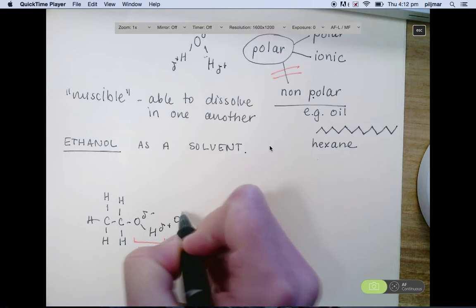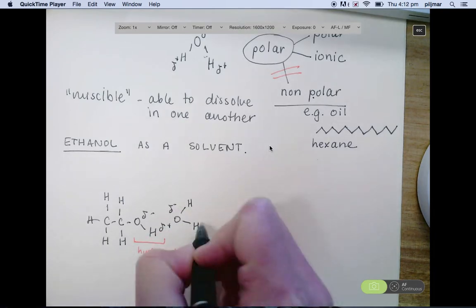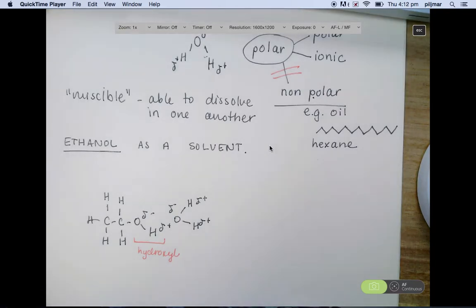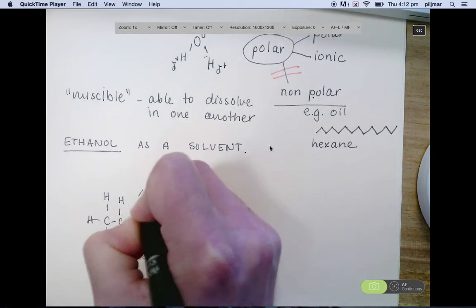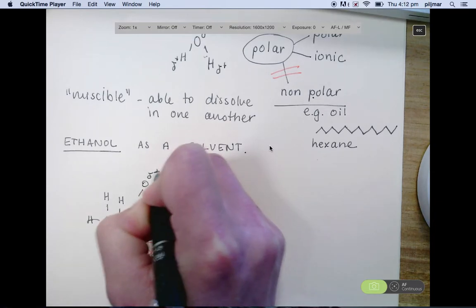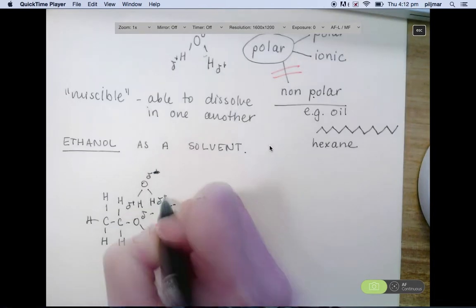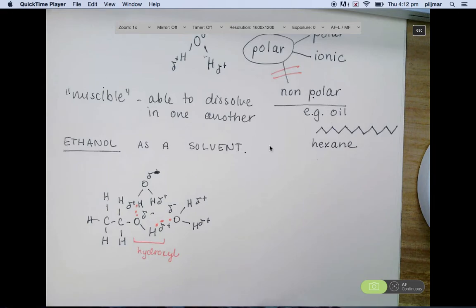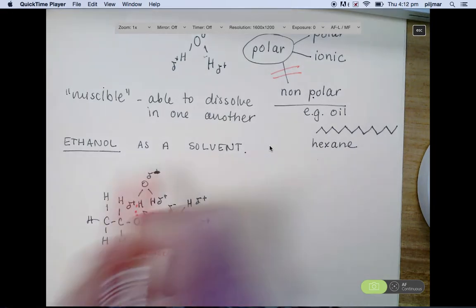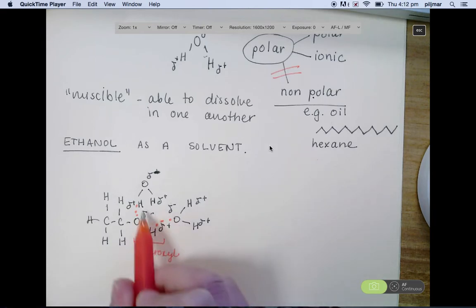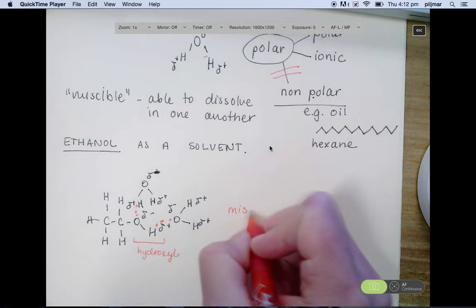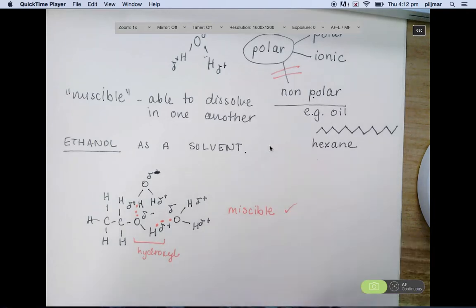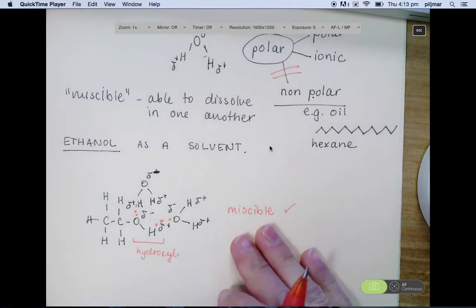So we'd have water, the delta negative oxygen, attracting to our delta positive hydrogen, and that would be one hydrogen bond. Over here, we'd have another water molecule, with its delta positive hydrogen attracting to the delta negative oxygen of the ethanol. So water and ethanol, due to their ability to form intermolecular forces, we would say that these two are miscible within one another.